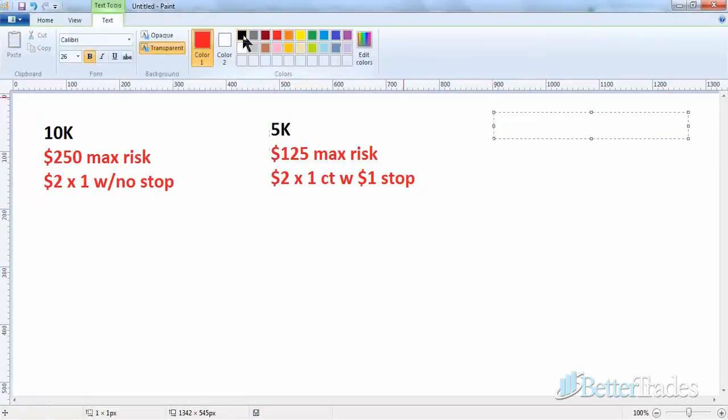Now let's go down to a $2,500 account. That means you're dealing with half of 125, which doesn't divide evenly. $62.50 is your maximum risk.